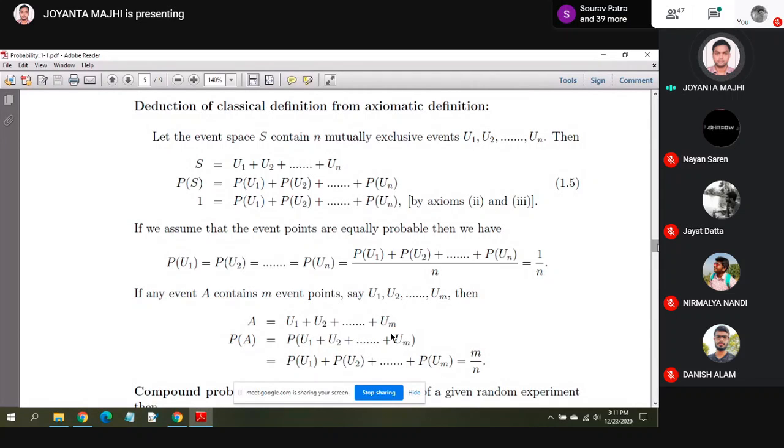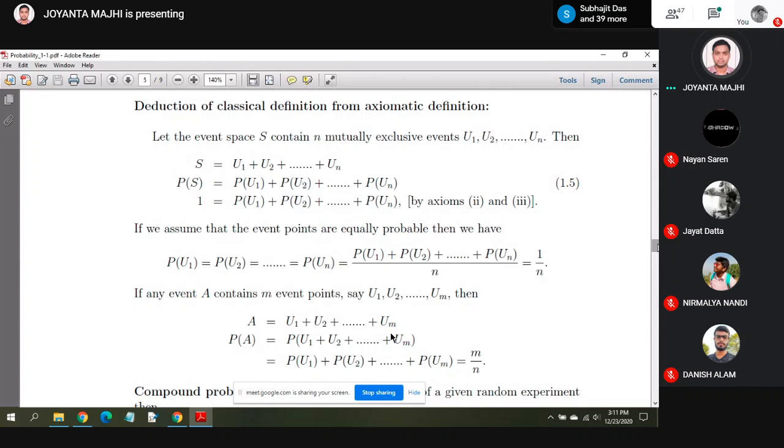Then we start: E is a random experiment, therefore there is an event space or sample space. We say that this is S, and we consider that S contains n mutually exclusive events, that is n points. The mutually exclusive events are U1, U2, Un.